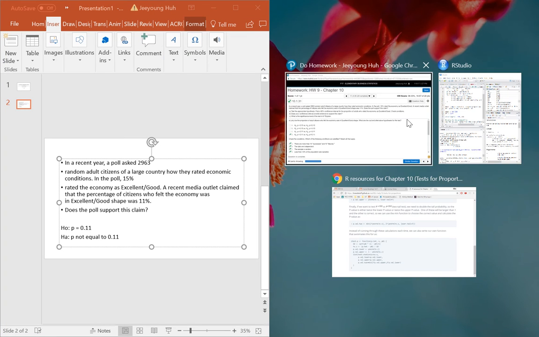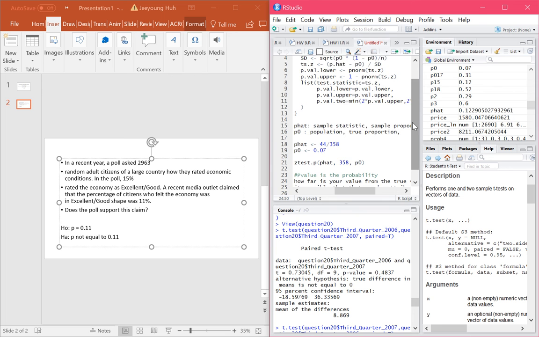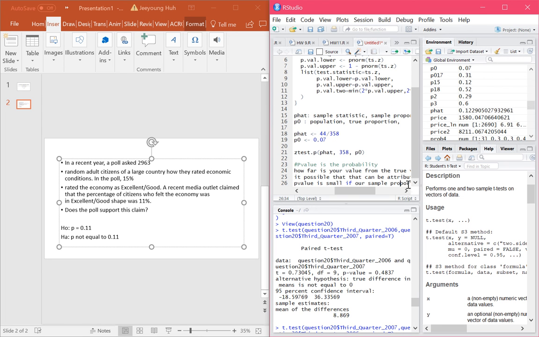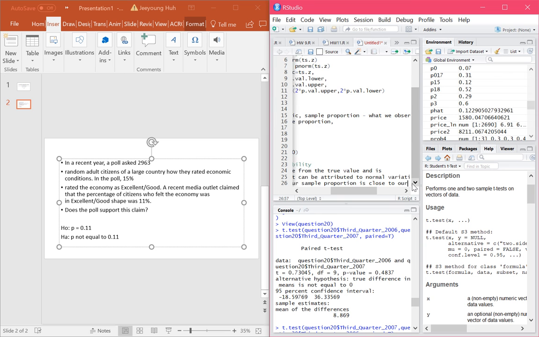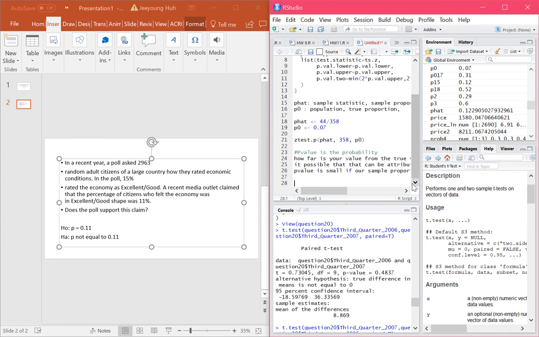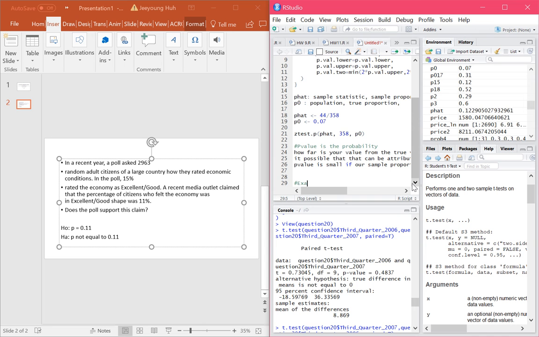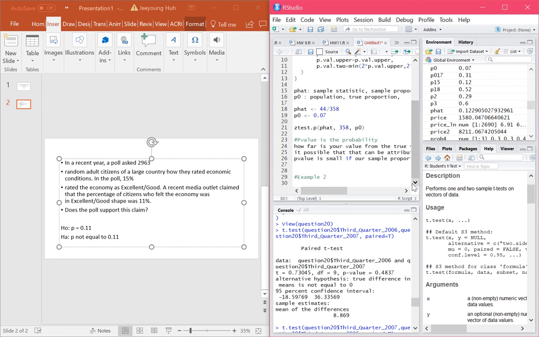To find the test statistic and everything, we do the same thing. So example 2, we do the same thing, 1-PropZTest. In this case, what is our p hat? 15%, so we would just do 0.15.